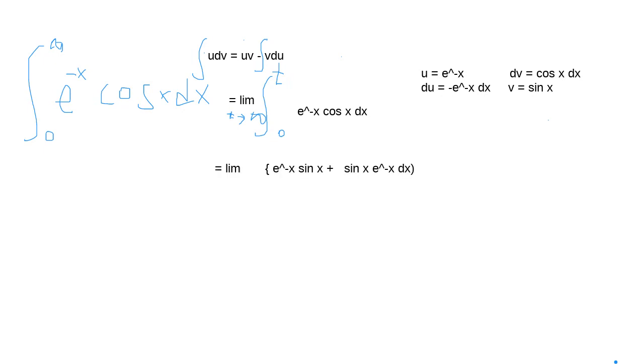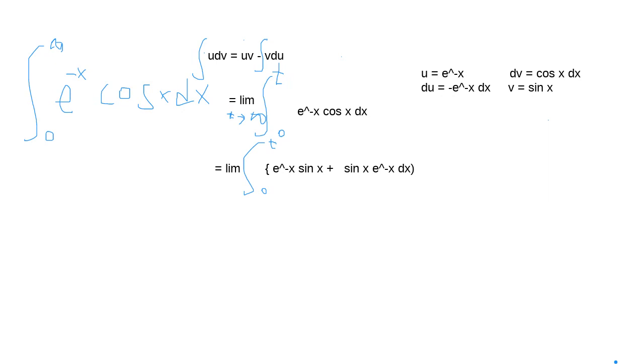So that's my second one. I'm not going to write t goes to infinity, and you understand that it is. Let me put the integration signs here, 0 to t. Now I'm going to apply integration by parts again.